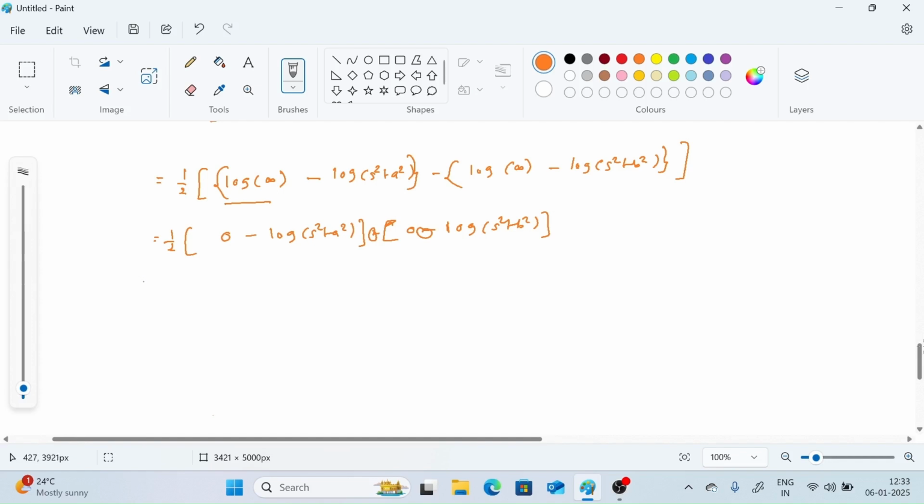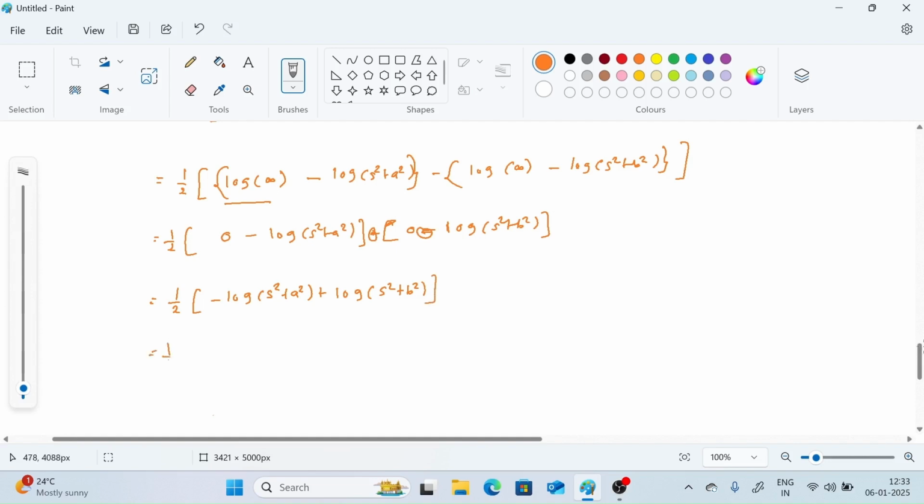Now what can I write here? Here I can write 1 by 2 minus log of s square plus a square minus log of, this minus becomes plus, right? Log of s square plus b square.